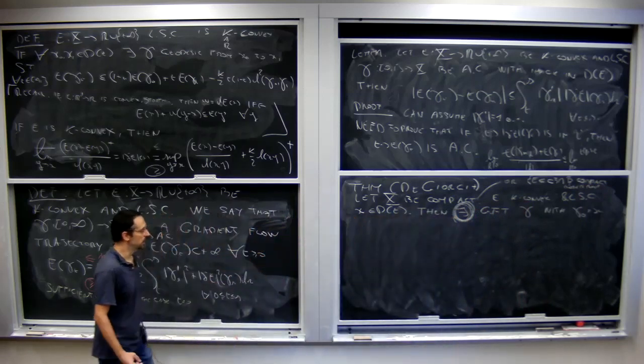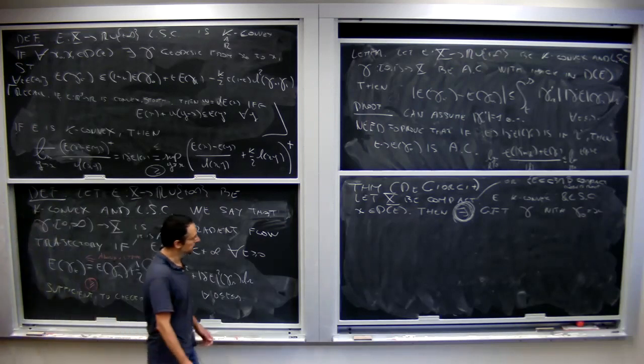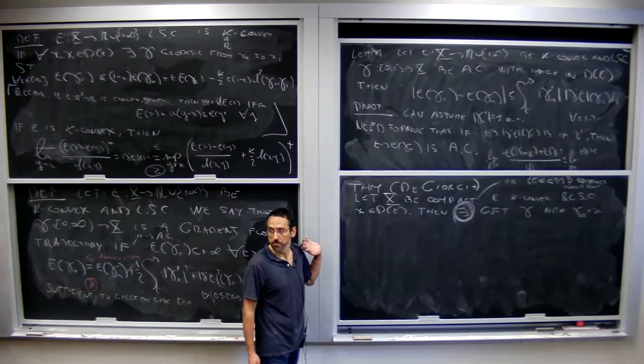Giorgi's proof works equally well in this case, but which does not add that much generality in some sense. I will not prove this theorem. I will just tell you the basic idea of the proof.